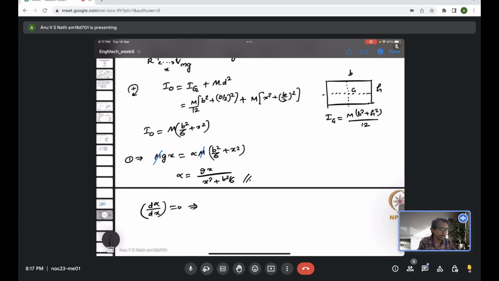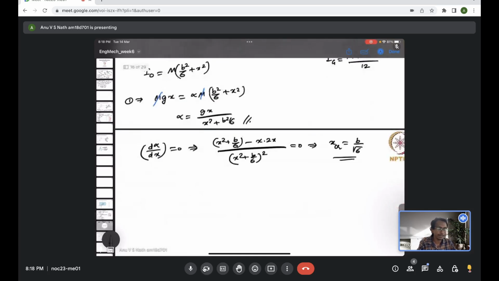G is a constant, so you will just see it's (x square plus b by 6) times (1 minus x) into 2x by (x square plus b by 6) the whole square should be 0, and you can solve, you will get the critical value of x being b by root 6 from this. Basically only the numerator you have to equate to 0 and solve for x.